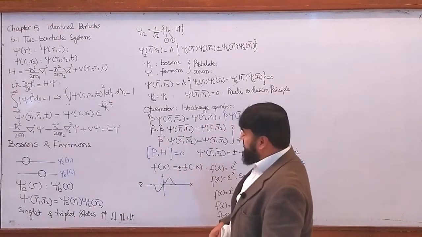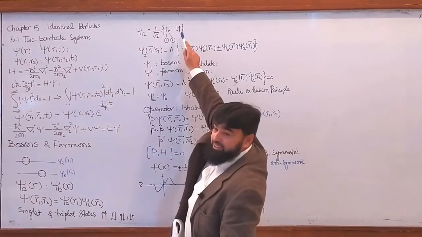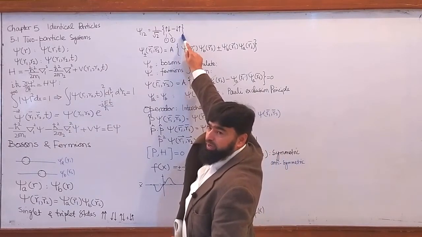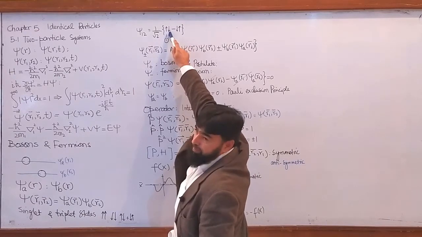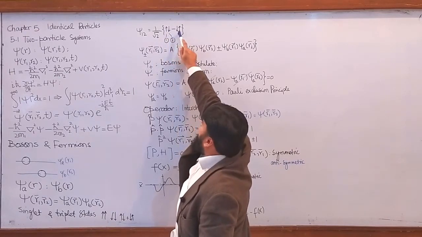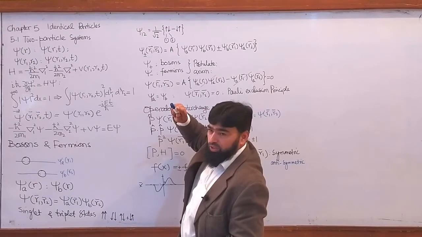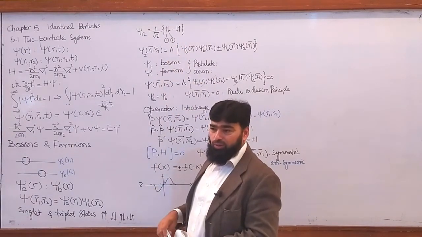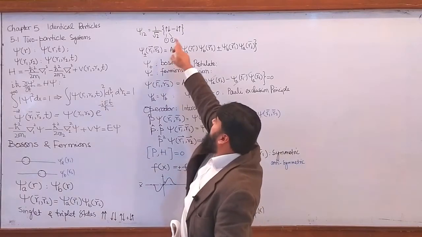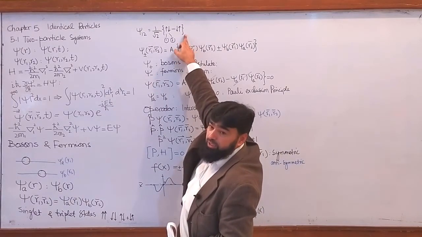So I will say this state is a symmetric state. But I cannot say this for this state. What will happen if I make this down and this up, then this up and this down? A minus sign will be generated outside. So it is an antisymmetric state.